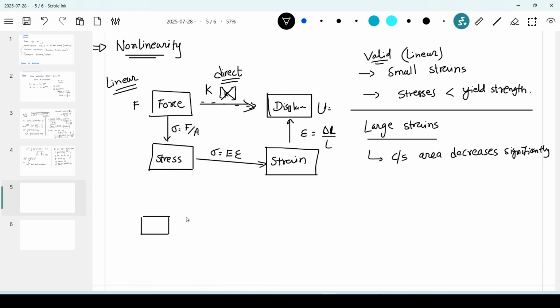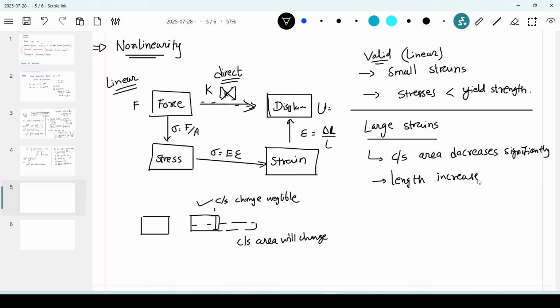If there is a small strain, from this to this, then the cross section area change is negligible, right? And if we have large strains, this will not remain valid. The cross section area decreases significantly, and the length also increases significantly.